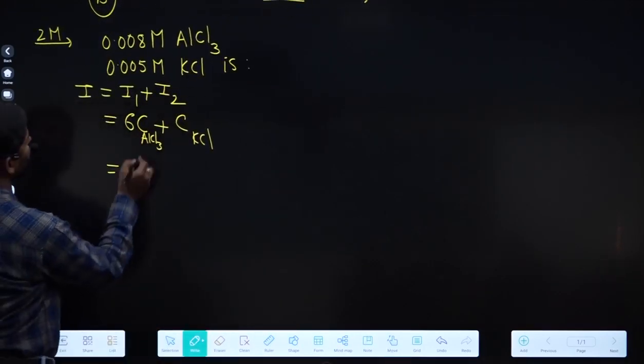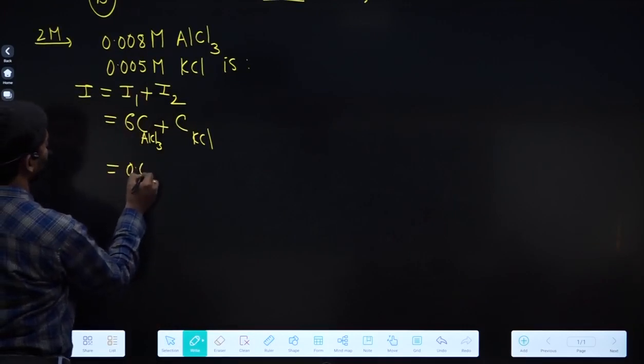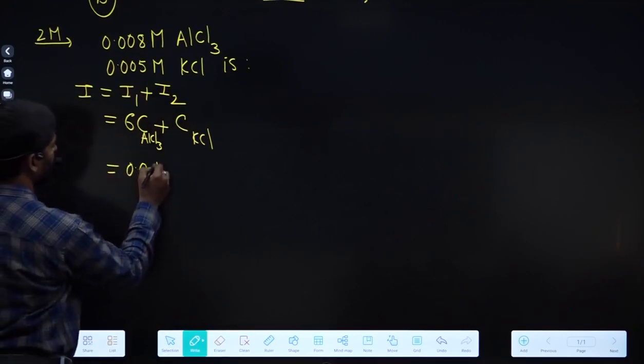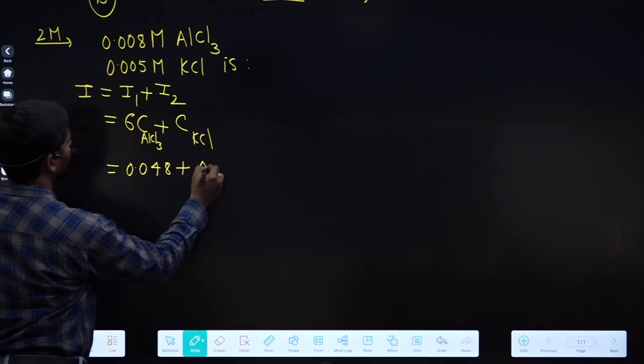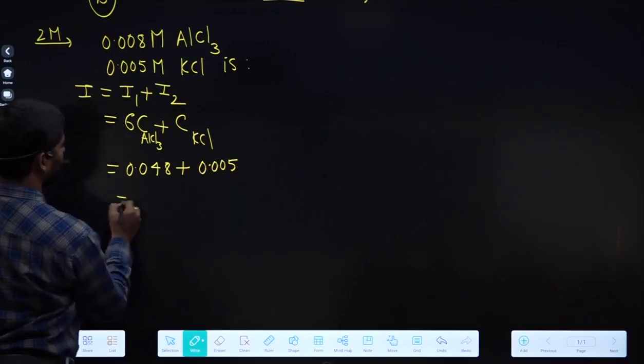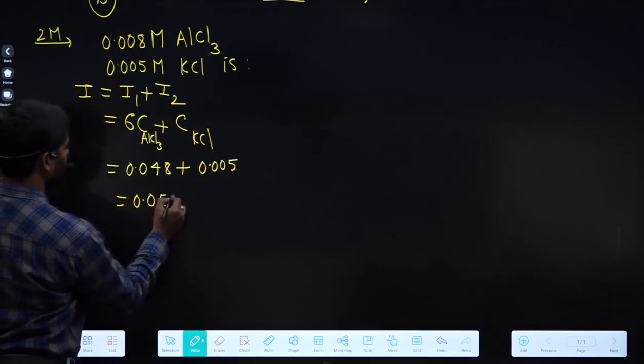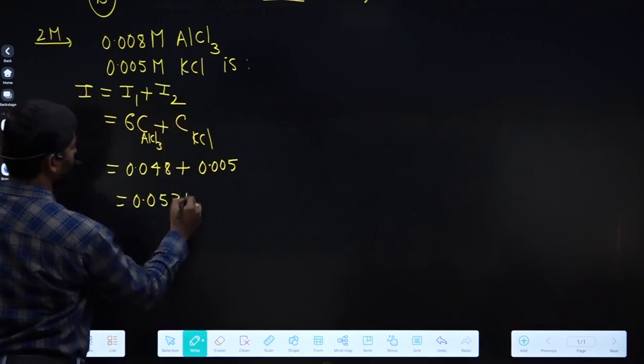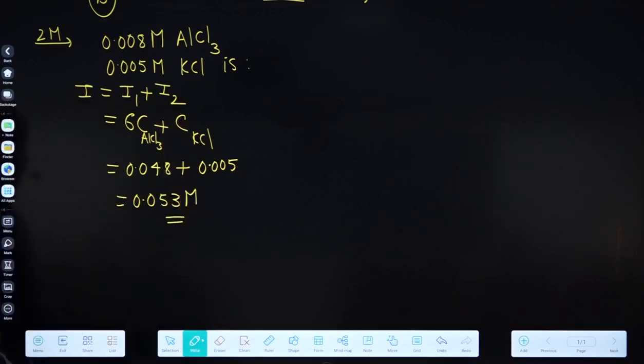So 6 into concentration of AlCl3, 6 into 0.008, 0.048, plus 0.005. Therefore we get 0.053 m, and m is given. That is the resultant solution ionic strength, 0.053 m.